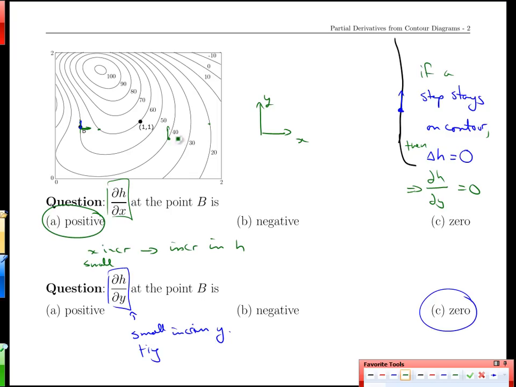If we went to the right, we'd be going down. It's easy to analyze those. It would be any place where the step is exactly in the direction, let's say here as well. If the contour was tangent to the x step or to the y step, that's where we're going to get this kind of zero derivative happening.